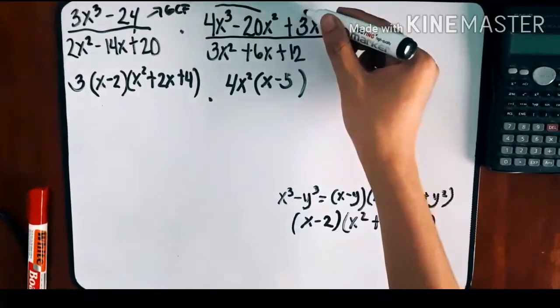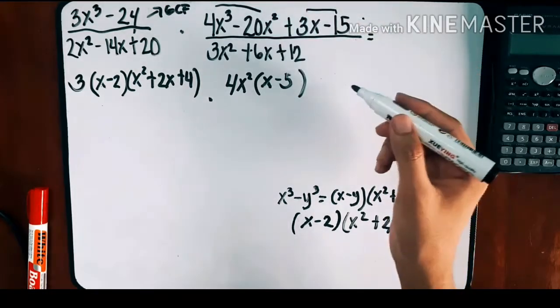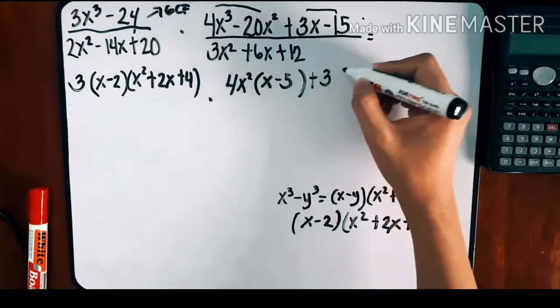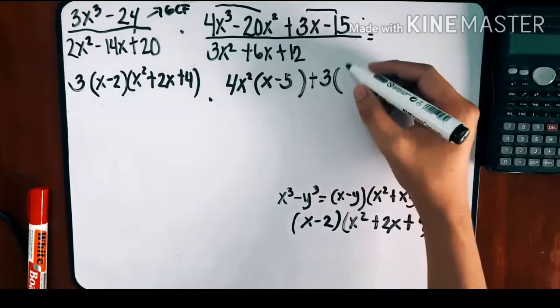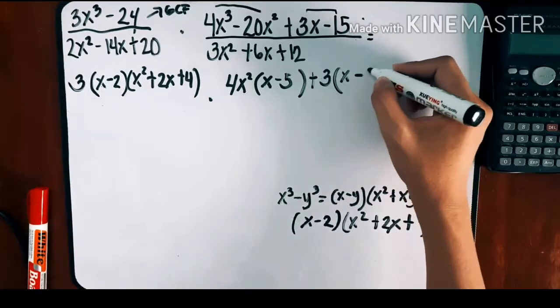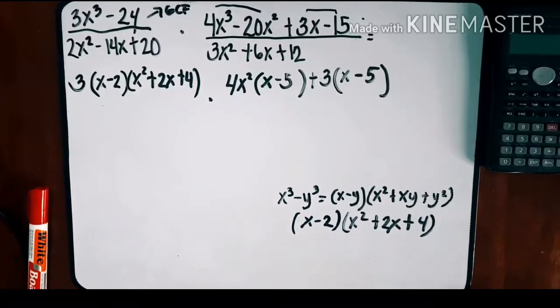Next, let's take the GCF of the second pair, which is 3. 3x divided by 3 is x, and negative 15 divided by 3 is negative 5. So, we've simplified it. Okay?